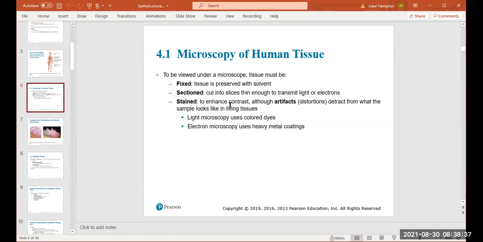And then they will be stained to enhance contrast. Now, the 2 types of stain that we use in this are hematoxylin and eosin, and I will type those in the chat box.